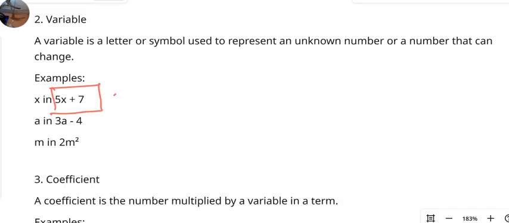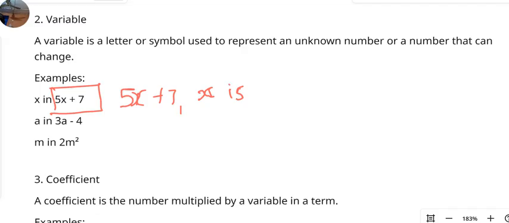So in 5x plus 7, the variable is x. X is the variable because it's the alphabet in the expression.